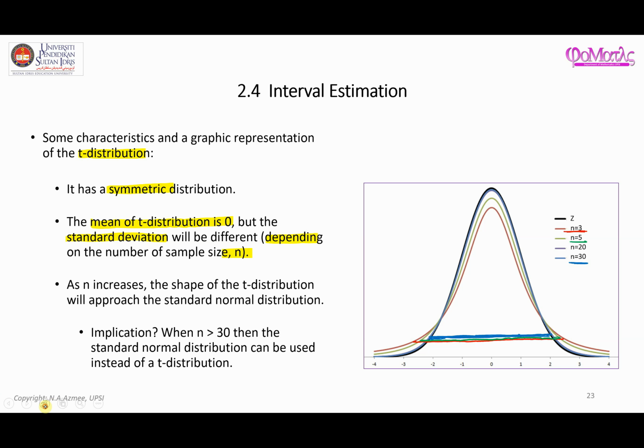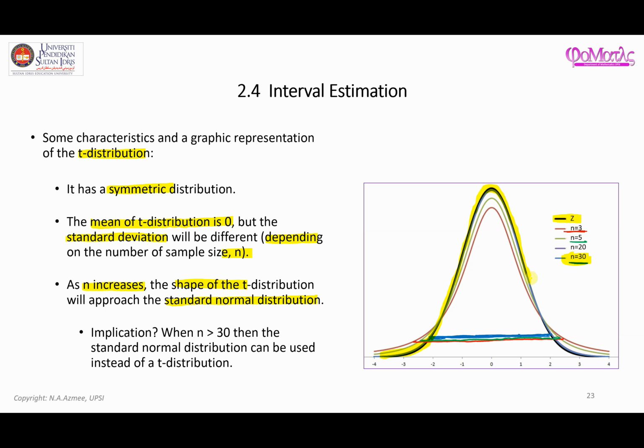Now as n increases, the shape of the T distribution will approach the standard normal distribution. The standard normal distribution is given by the black curve, labeled as Z. You can see that for n equal to 30, the T distribution has a great resemblance to the standard normal curve; the curves are sort of overlapping with each other.